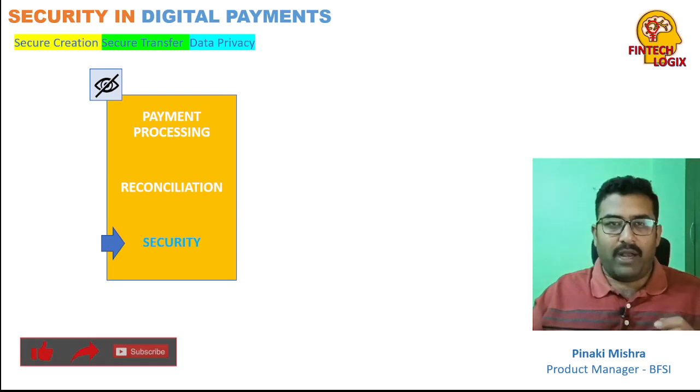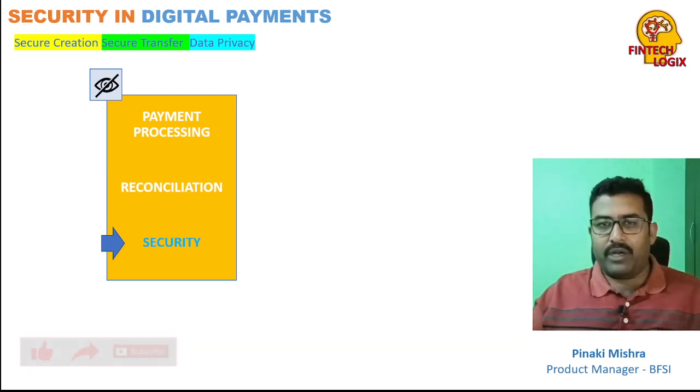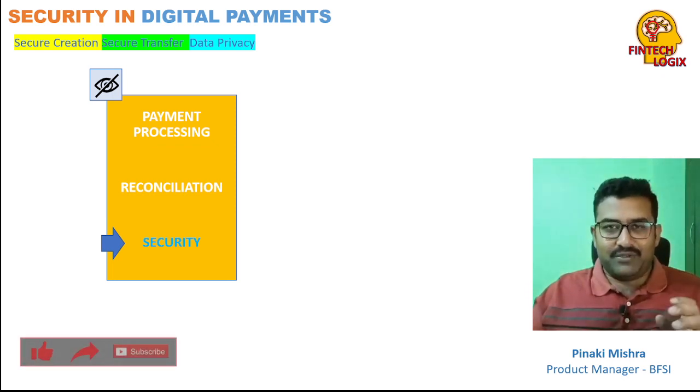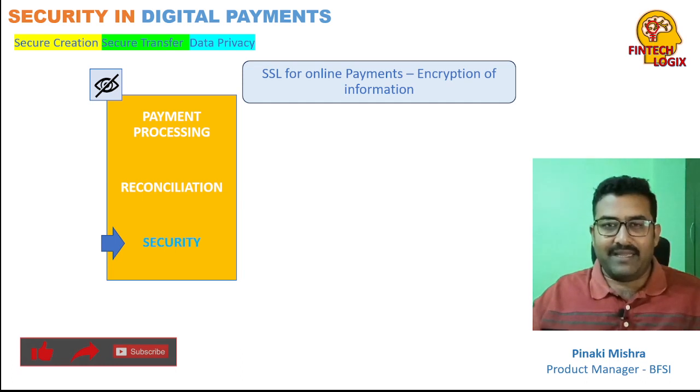I have not covered all the facets, so let's look at the most important pieces of work that are happening at this point of time. The first one is SSL, or secure socket layer.